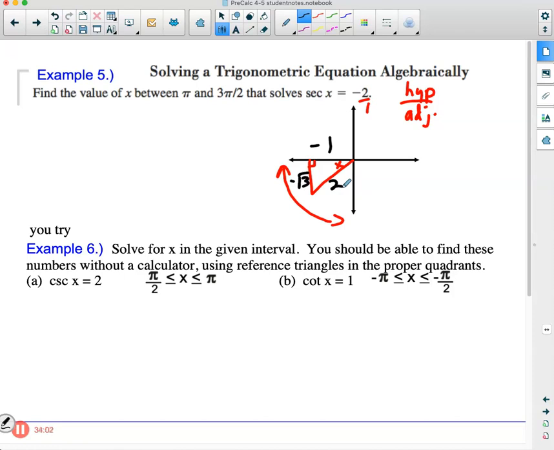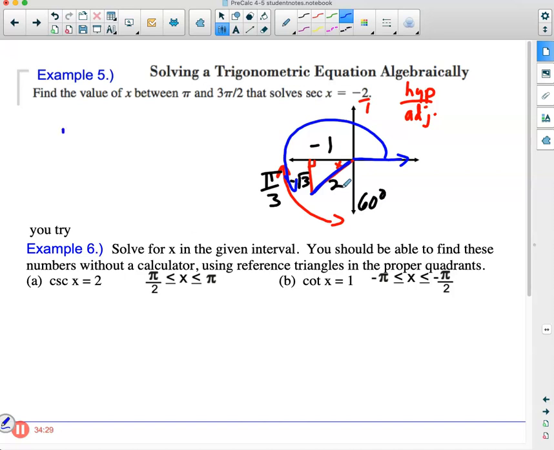So across from the square root of 3, that would be a 60-degree angle. So we think about 60 degrees and realize that's pi over 3, because pi is 180. And I have to come up with the name of that angle coming from the positive x-axis all the way around to that terminal side.